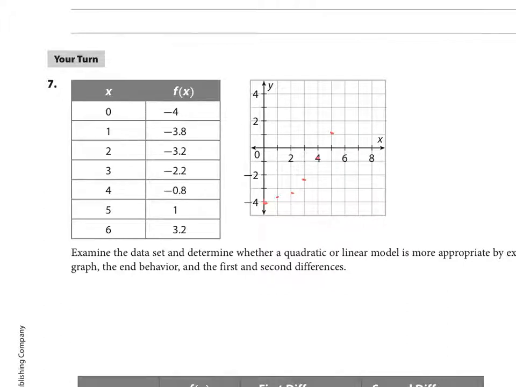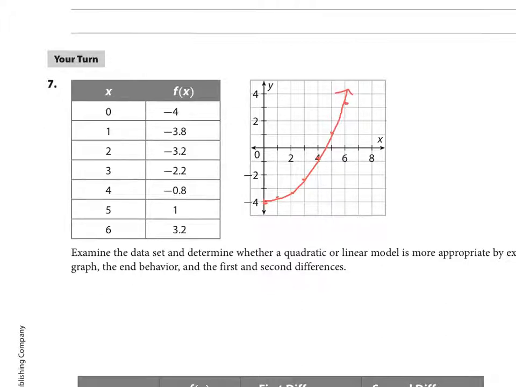and then 6 is 3.2. Okay, so if we were to connect those, it kind of looks like that. Now if we look at it in terms of just one side, you might initially think this could be an exponential.